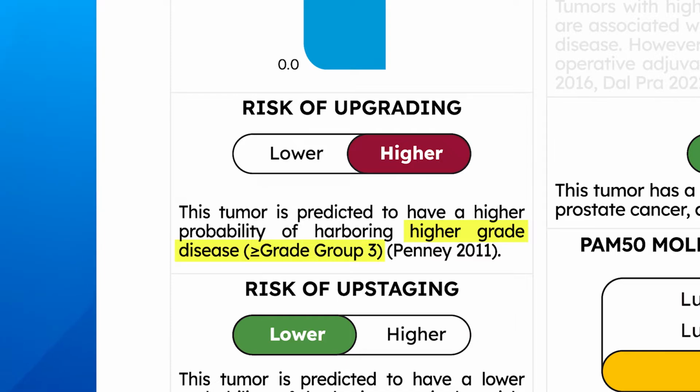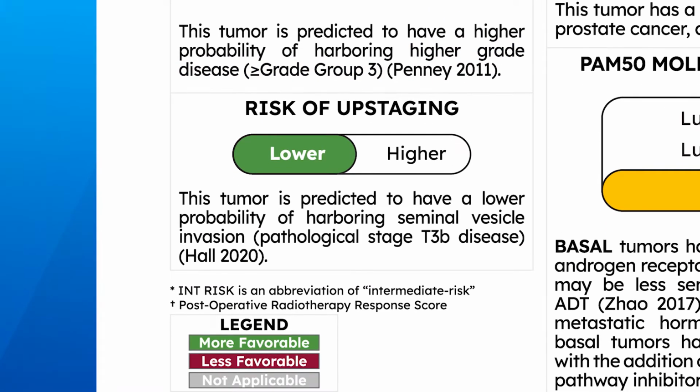So if the biopsy sample already contains higher grade disease, grade group 3, which is 4 plus 3 equals 7 or above, the risk of upgrading will also be grayed out. Below is the risk of upstaging, which is based on the molecular signature that predicts the presence of seminal vesicle invasion, that's pathologic T3B disease, at prostatectomy.